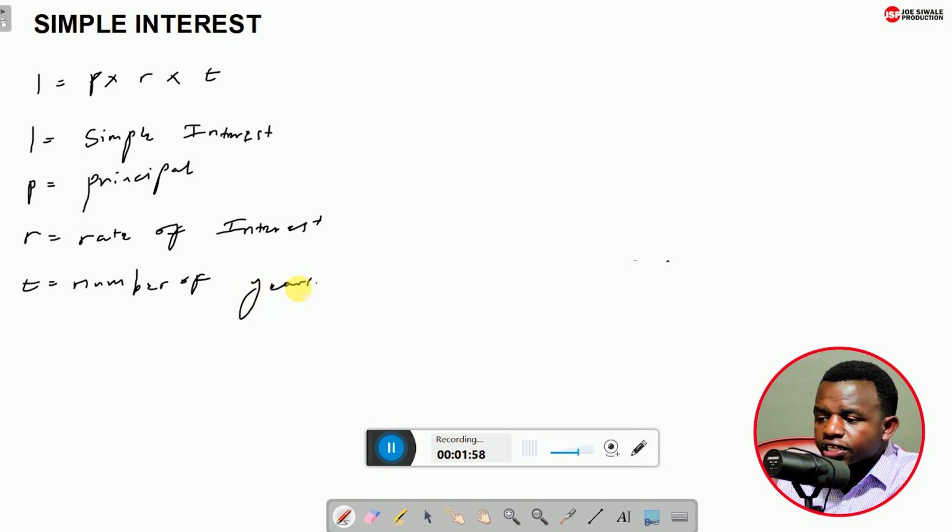So this is the formula that we use when calculating simple interest. It's I is equal to P multiplied by R multiplied by T.